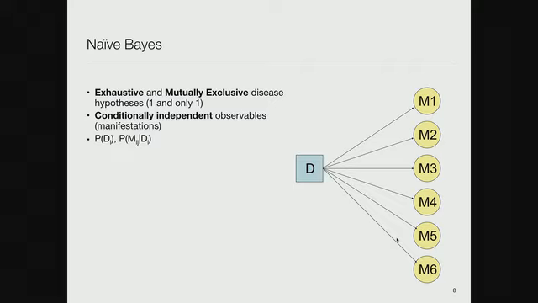You will only ever have one disease at a time, which means that the values of that node D form an exhaustive and mutually exclusive set of values. And we can assume that the manifestations are conditionally independent observables that depend only on the disease that you have, but not on each other or on any other factors.